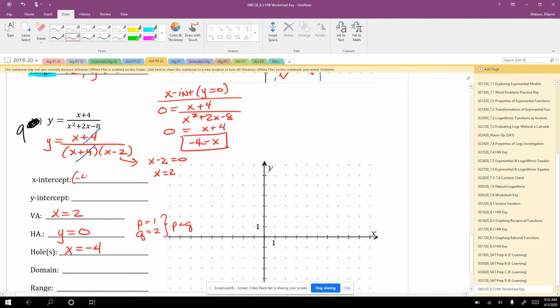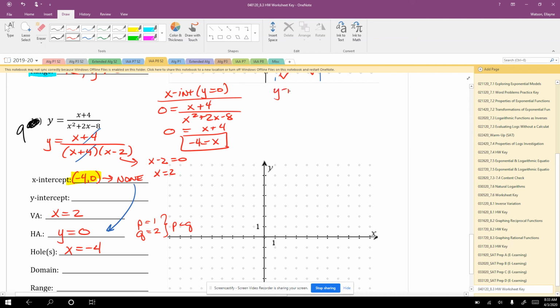So this would be -4, 0. However, again, this is actually going to mean none because if you look at your horizontal asymptote, there's no point where y is going to be 0. So turns out there's actually no x-intercept. All right, and you might catch that before you do the work, and that's great as well.